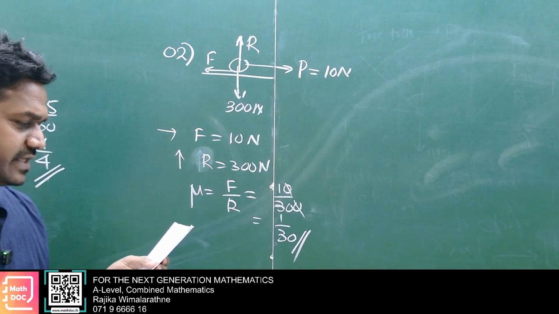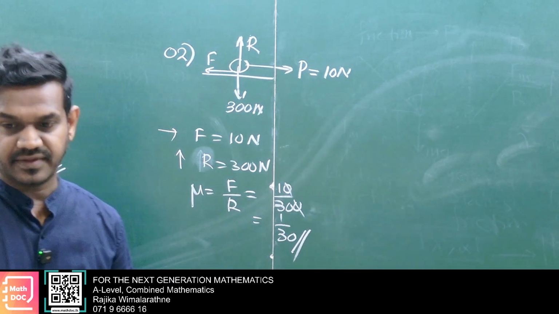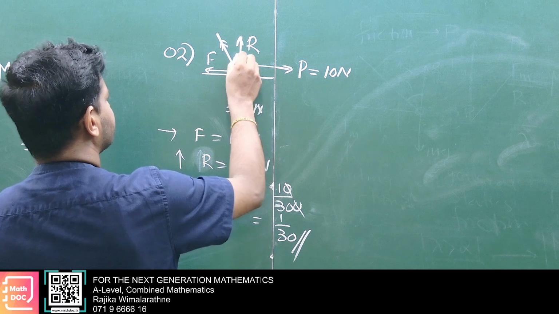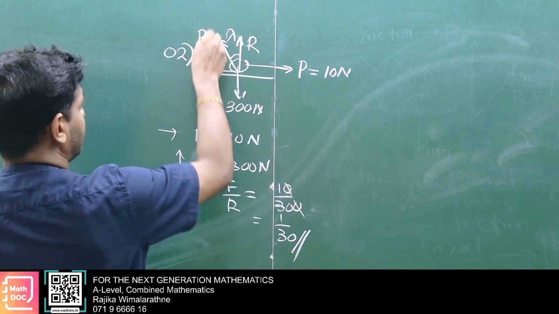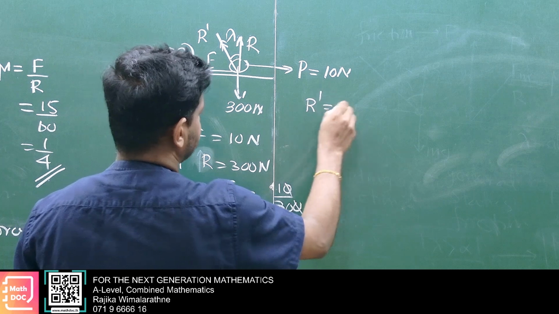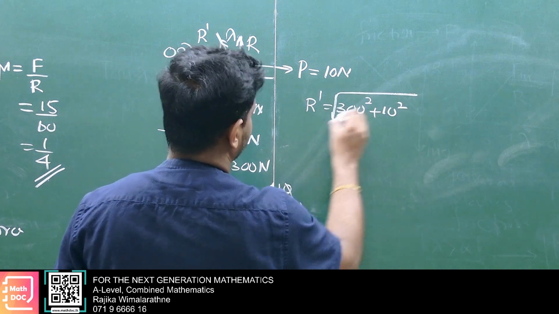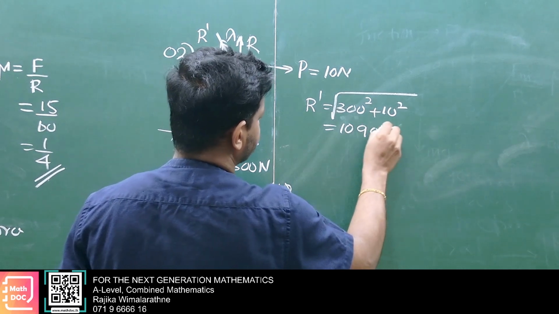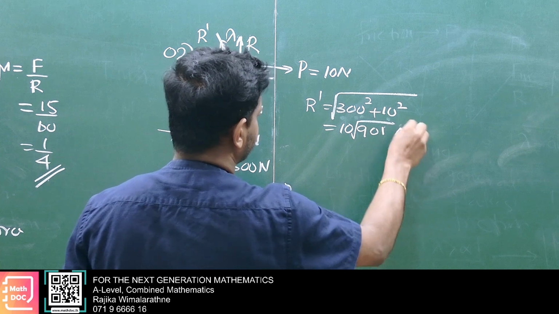And the magnitude and direction of the resultant reaction of the plane. Take lambda as the angle, and take R dash. R dash equals the square root of 300 squared plus 10 squared. No need to simplify, okay? Then 10 root 901 Newton.